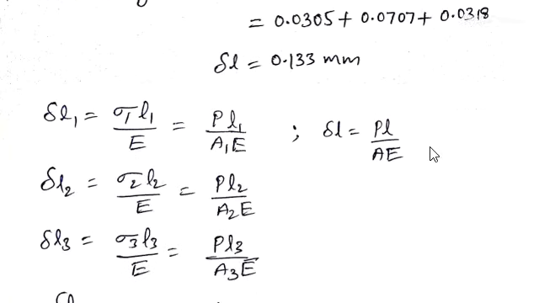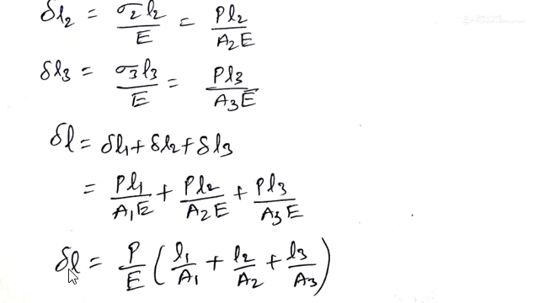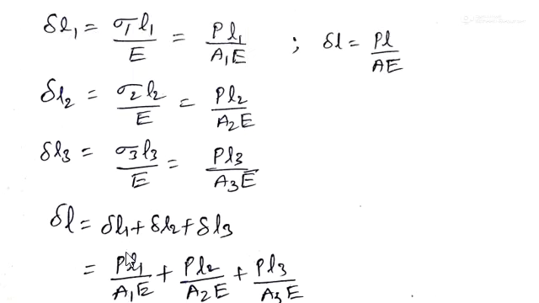We can also find the total elongation of this stepped bar from another formula. We have written delta L1, the elongation for part 1, as sigma 1 L1 by E1. In the place of sigma, if you substitute stress as load by area, in the place of sigma 1 we write P by A1, and L1 and E are as they are.